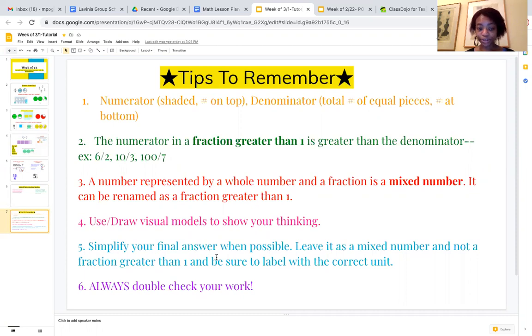For mixed numbers, we have to make sure we have a whole number and a fraction, and this can also be renamed as a fraction greater than 1. Draw visual models to show your thinking. And when possible, simplify your answer and always be sure to label with the correct unit and leave the final answer as a mixed number if possible.